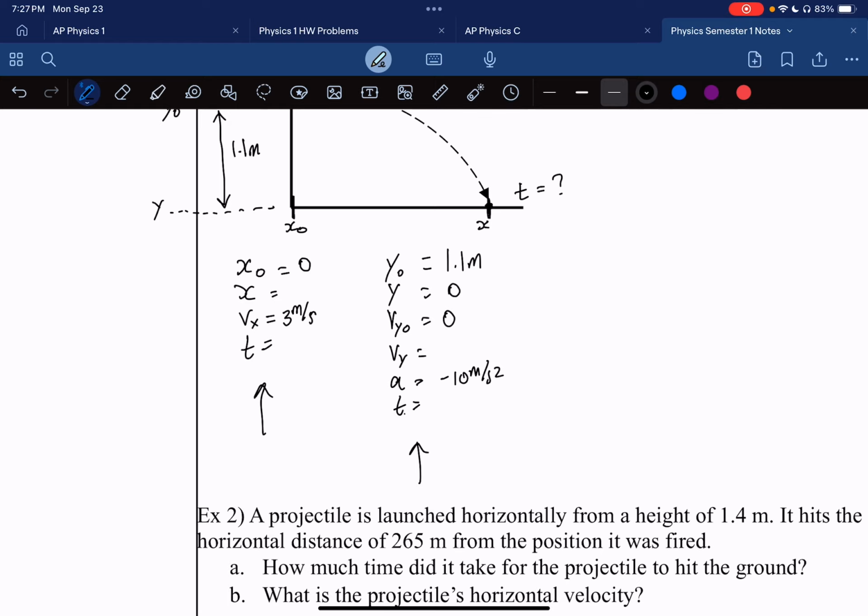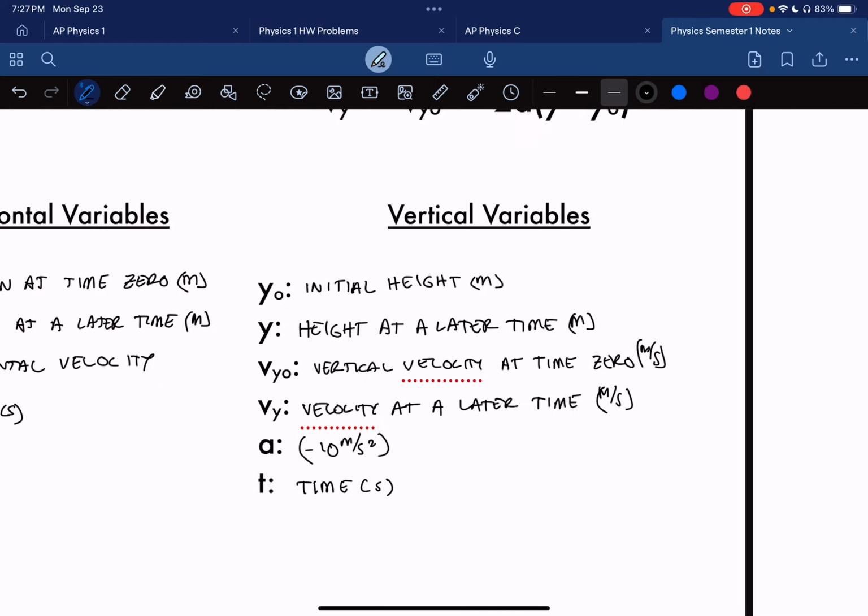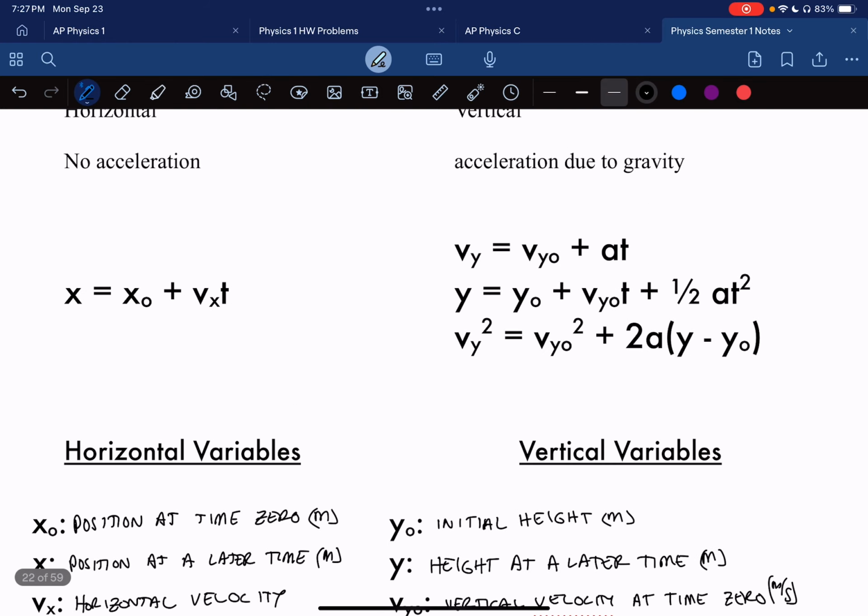And so we're looking for an equation with t that does not have vy. Right here. An equation for t, but that does not have vy. So that's going to be the second equation.